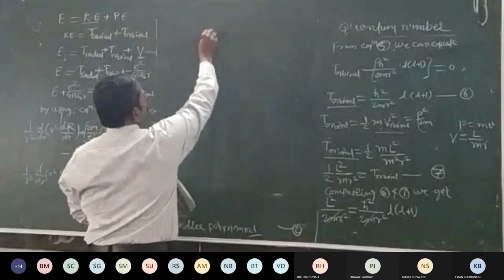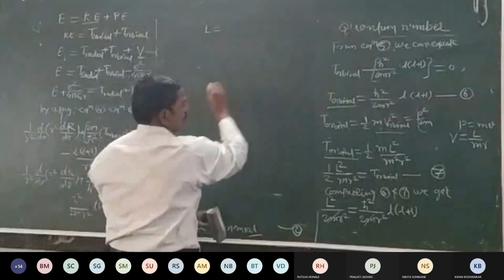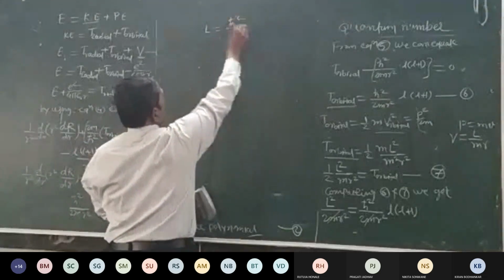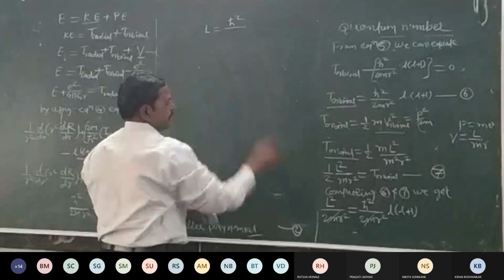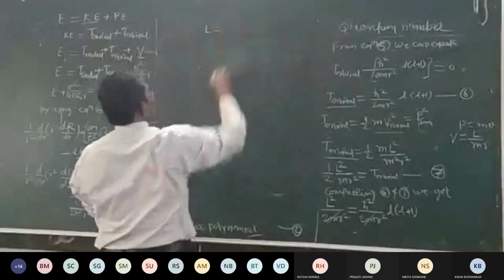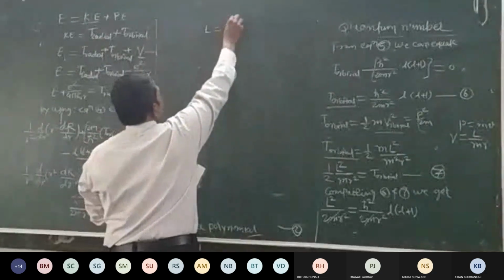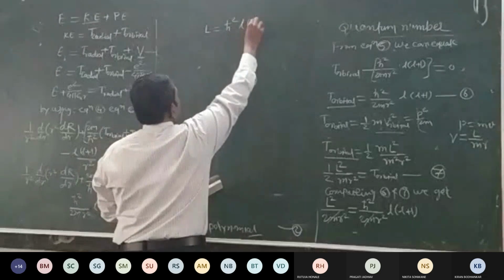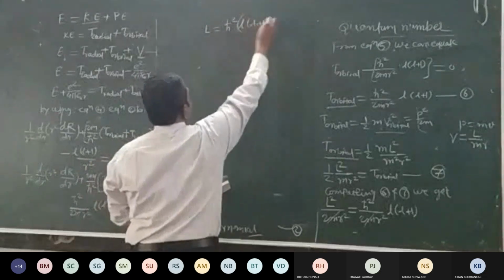L square is equal to h cross square into l into (l plus 1).